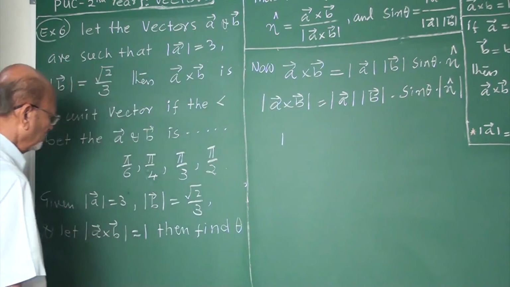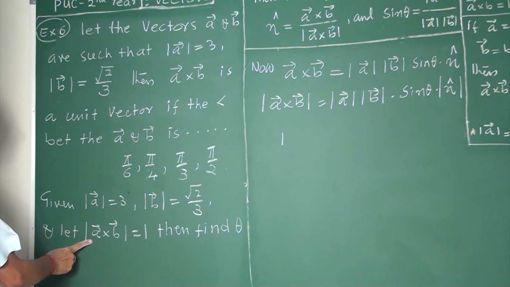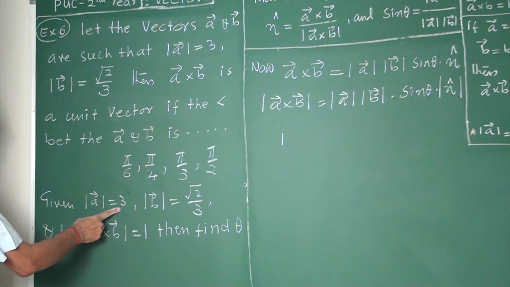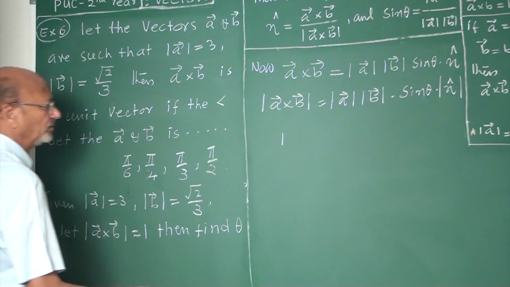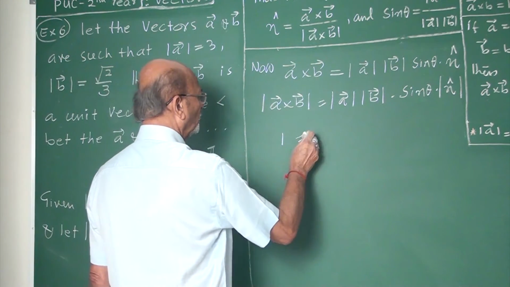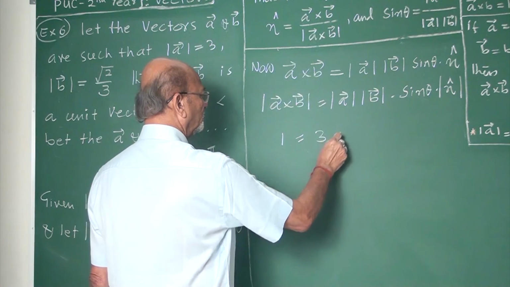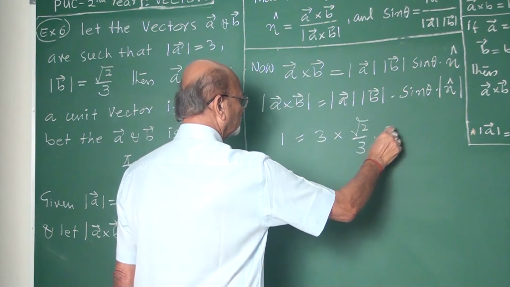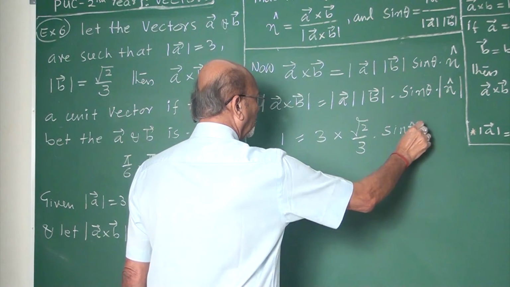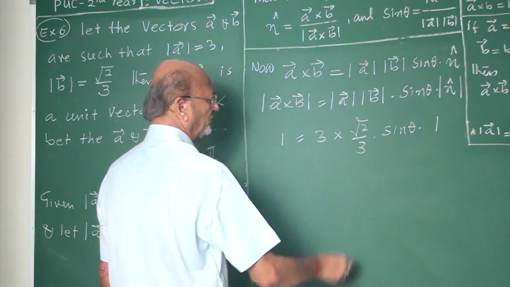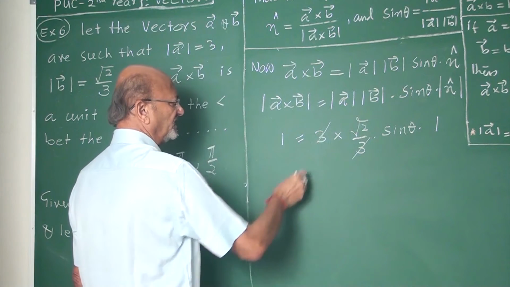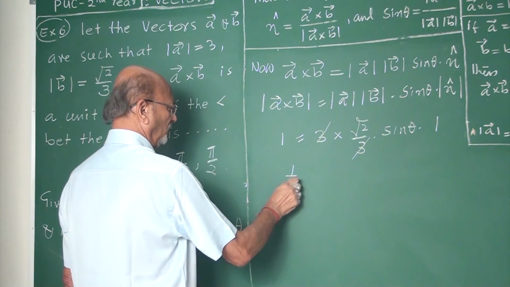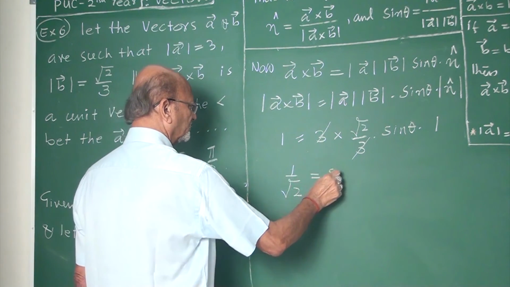Magnitude of A cross B is 1. Magnitude of A is 3, into square root of 2 upon 3, into sine theta. Magnitude of n cap is 1. This is the cancellation. 1 by root 2 is sine theta.